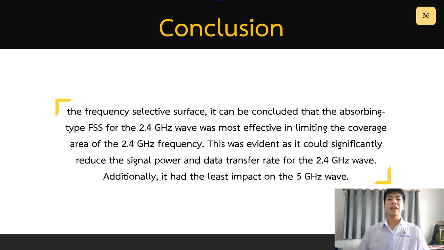Additionally, it had the least impact on the 5 GHz wave. On the other hand, the reflecting type FSS had the ability to limit the coverage area of the 2.4 GHz wave to some extent, but it has a more pronounced effect on the 5 GHz wave.